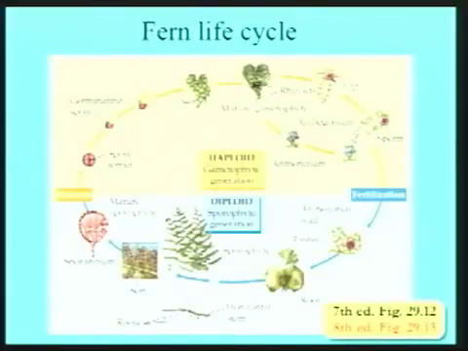And the sporophyte of ferns typically has its stem underground as a horizontal stem or a rhizome. A rhizome is just a horizontal underground stem. And stems produce leaves, as well as, in this case, adventitious roots, or roots that form where they normally wouldn't, from the side of the stem. And the leaves emerge from the ground, and the main fern body that we see above ground are the leaves, typically.